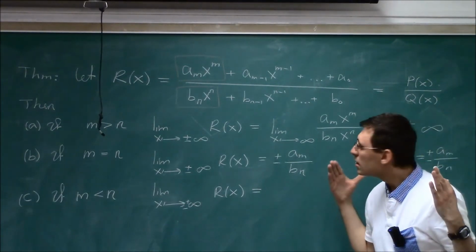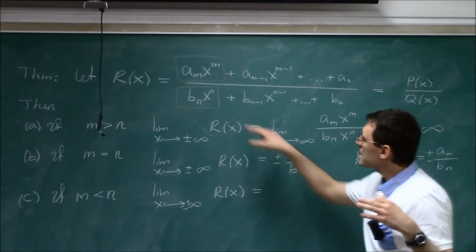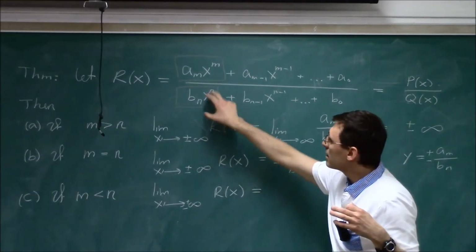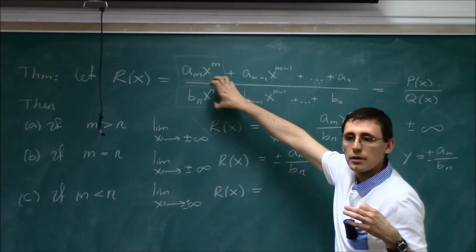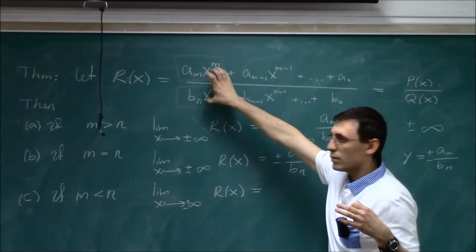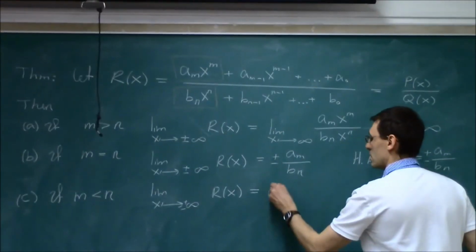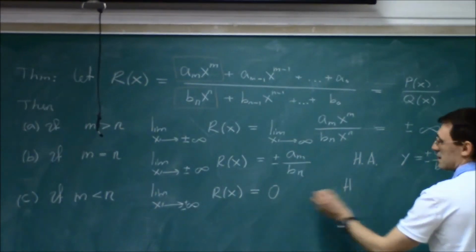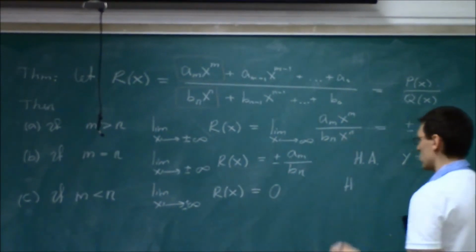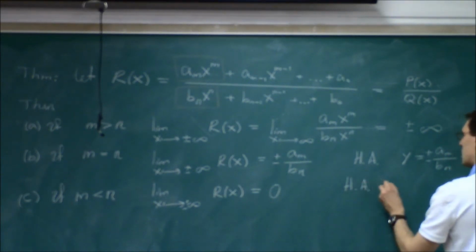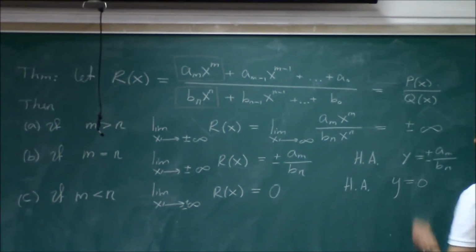In this case, n, the denominator has a bigger power. So what's going to happen to this function? It's going to go to 0. And we will have a horizontal asymptote. There is no ambiguity. It will just go to 0. Horizontal asymptote will be y equals 0.